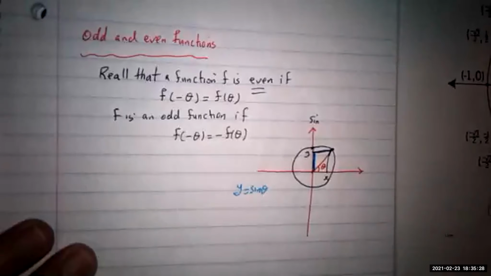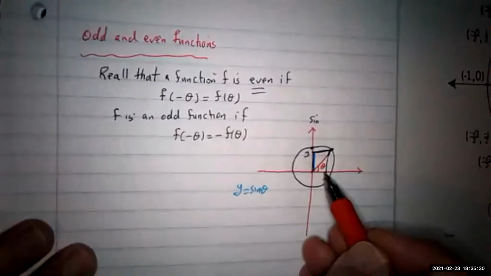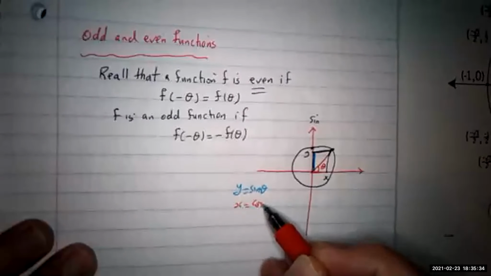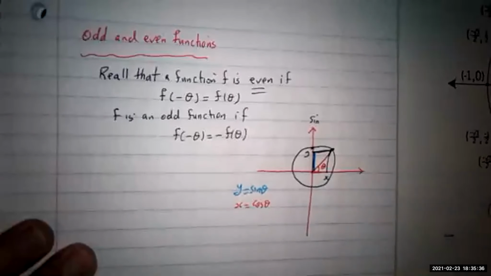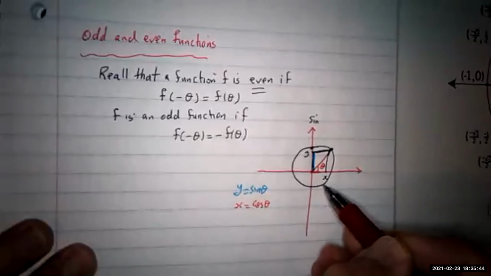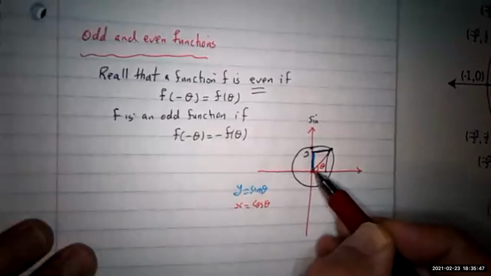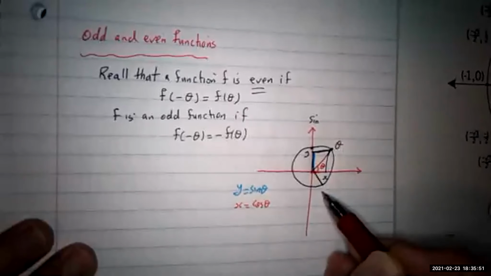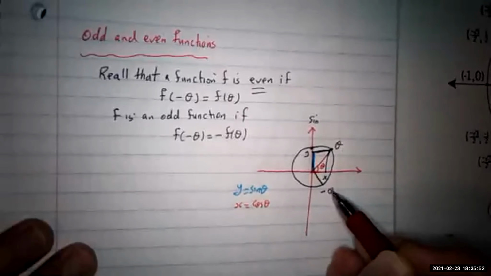And then the red one over here, this portion, x is going to be the cosine of theta. Now, if you want to identify the negative theta, remember, the negative theta is going to be in this direction. So that's represented by theta, and this is represented by the negative theta.